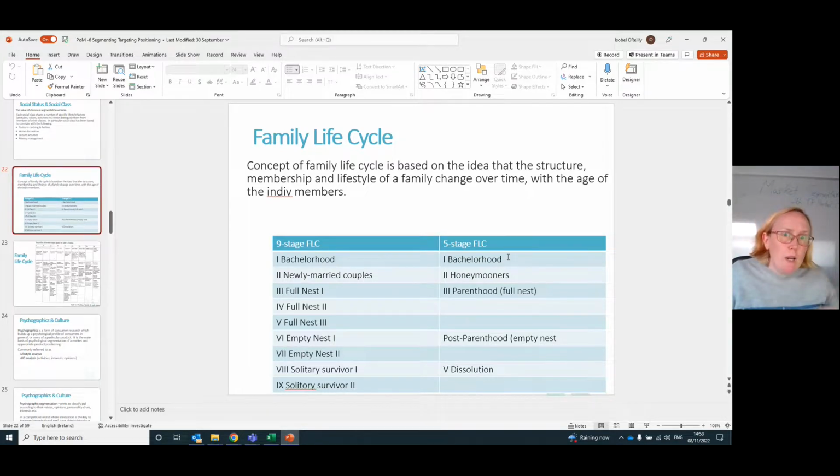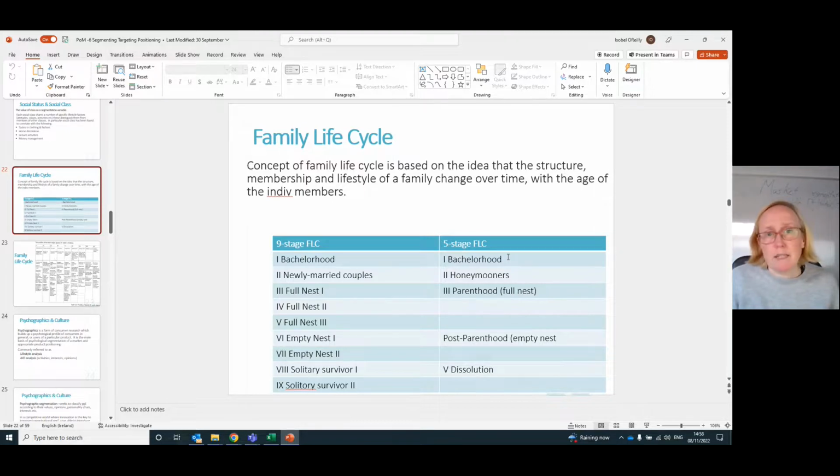So you enter bachelorhood, and that is not gender specific. It is whether it's a male or female entering, presumed to be single, in terms of financial assistance and all, the sort of bigger commitments and so on.